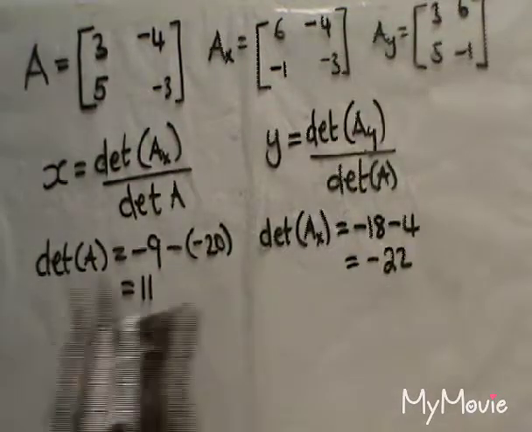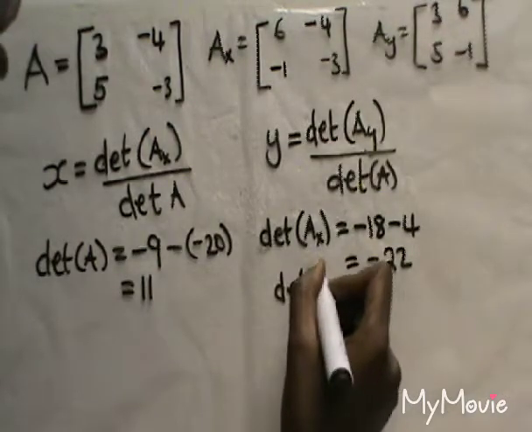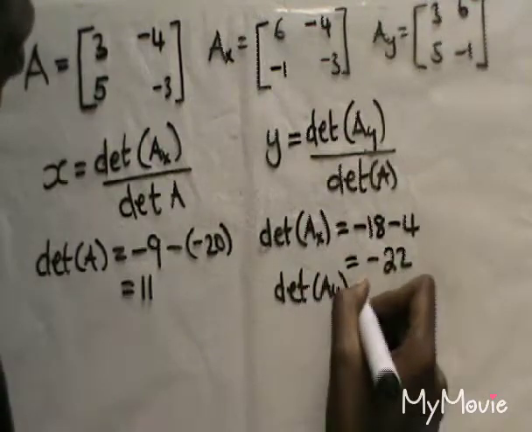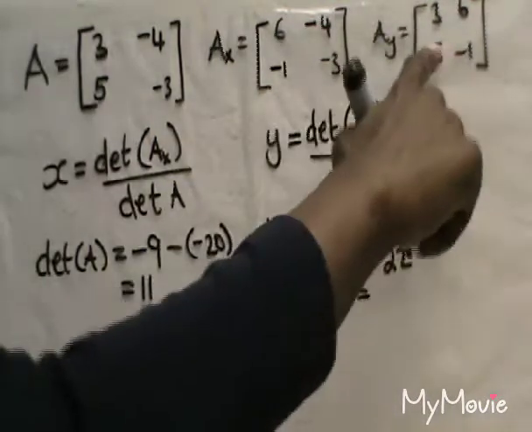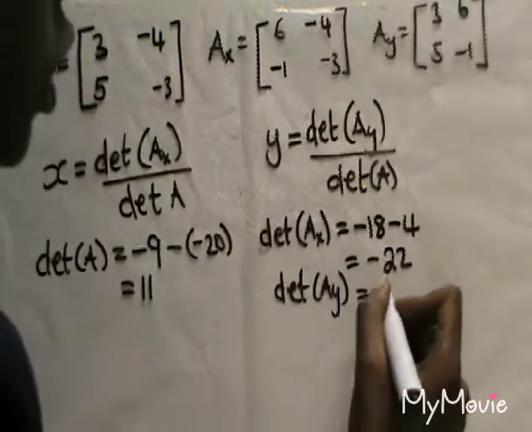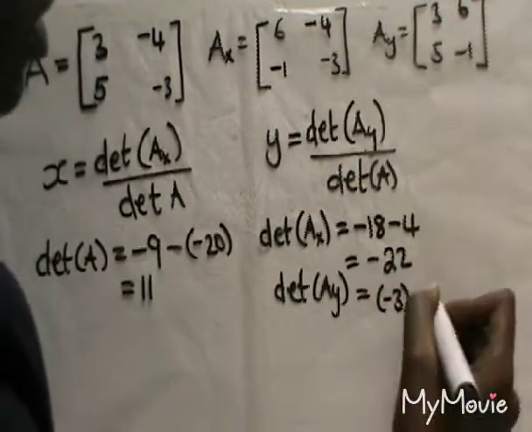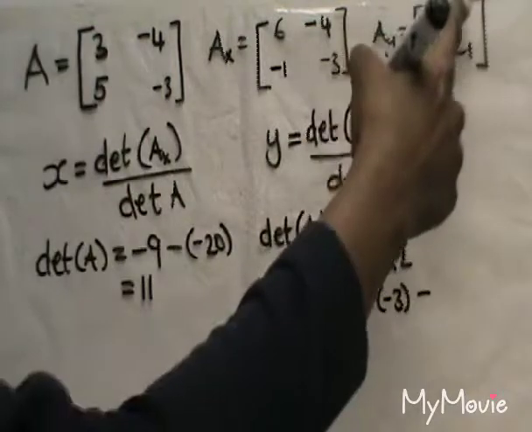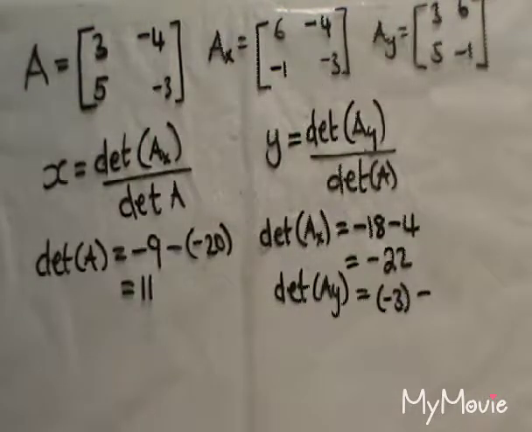Okay, similarly, the determinant of Ay, this is equal to 3 times negative 1, which is negative 3, and then I have to subtract 5 times 6, which is 30.